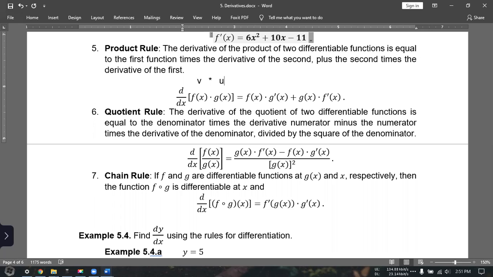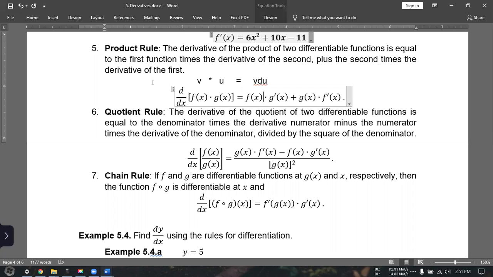So the first factor is v, and then times the derivative of u, we can just use u prime, or du. That is v du.